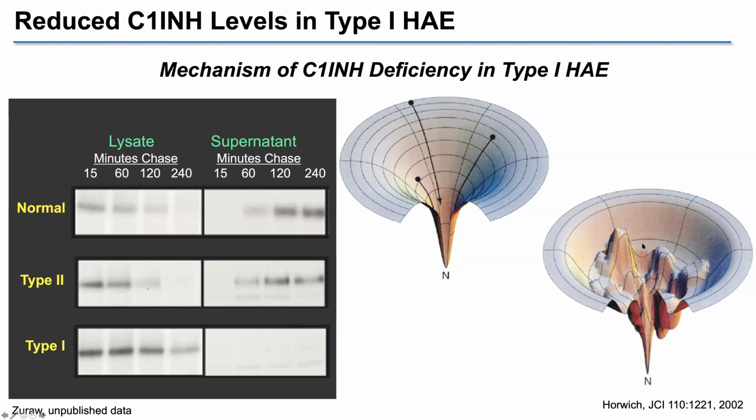And there's a whole set of machinery within the endoplasmic reticulum called the quality control system to try to either bring it up the gradient, refold it, let it try to fold again. Does it get stuck? Does it fold properly or not? And ultimately destroy it if it doesn't fold. And we think that this is what's going on in type 1 HAE. It's simply the mutant protein can't fold properly, and so it's ultimately destroyed within the cell and not secreted.